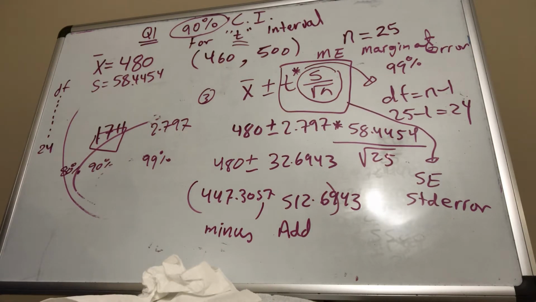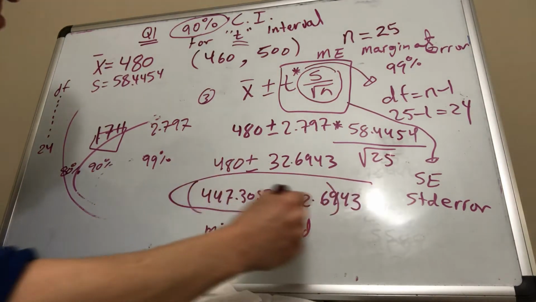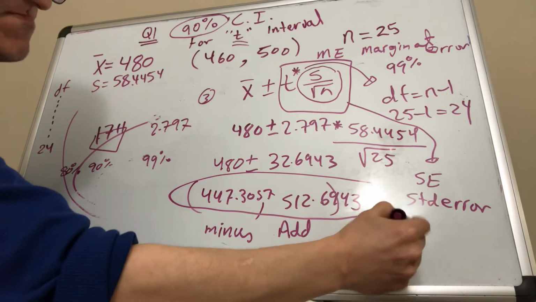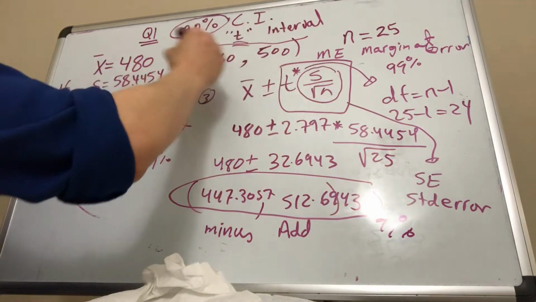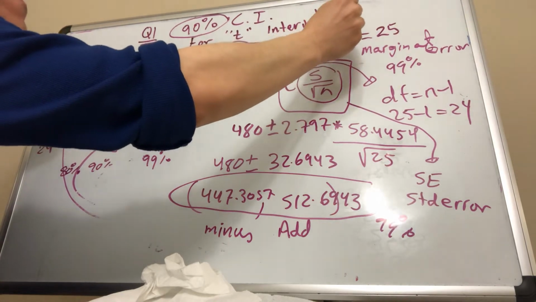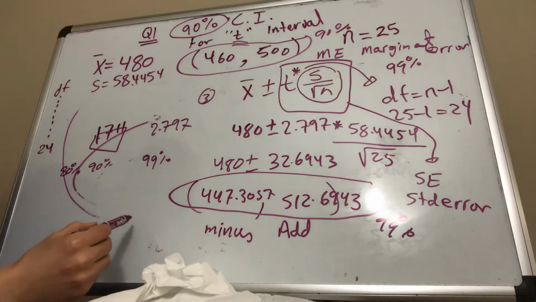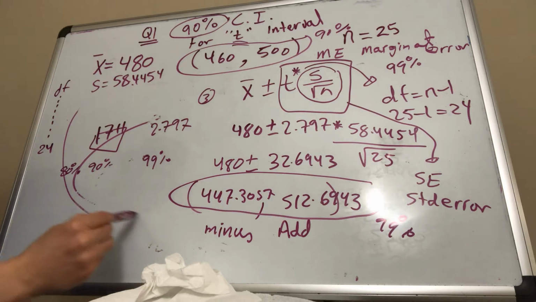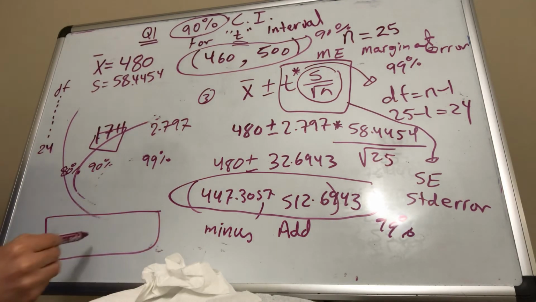Now, one more after this. So this is the confidence interval when it's 99, and this is the confidence interval when it's 90%. In question 4, they give you a confidence interval.